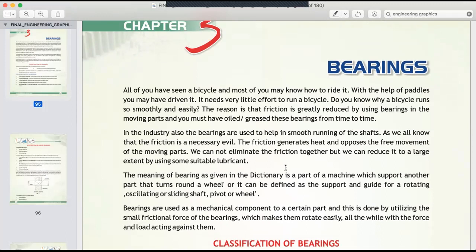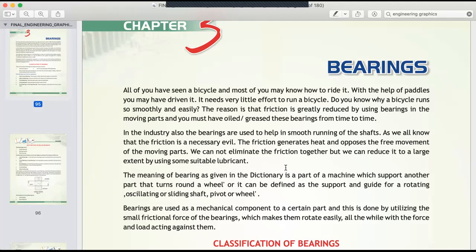And bush bearing we use where loading unloading is not there, in the sense we don't have to replace that quite often. And open bearing we use where we have to replace that part again and again. It becomes easier for loading unloading. Whenever you put a bearing and if you remove it, it's called loading unloading. So it becomes easier when you use open bearing.